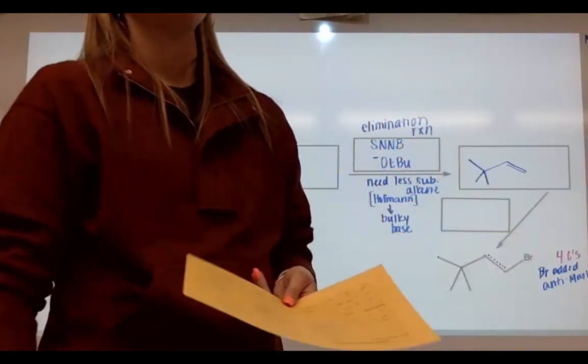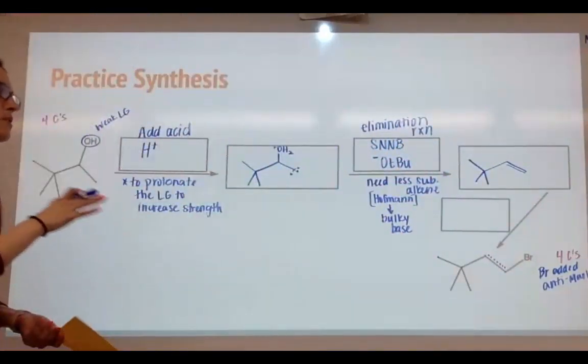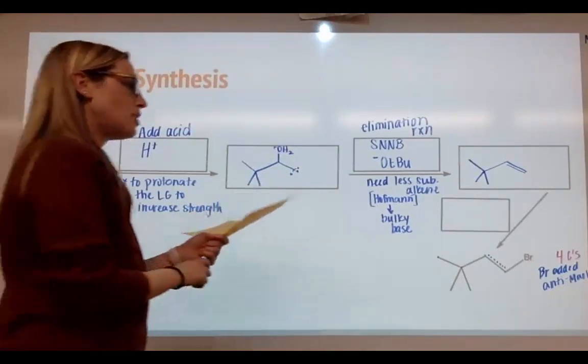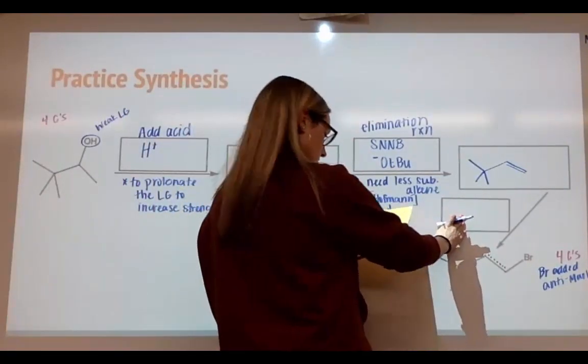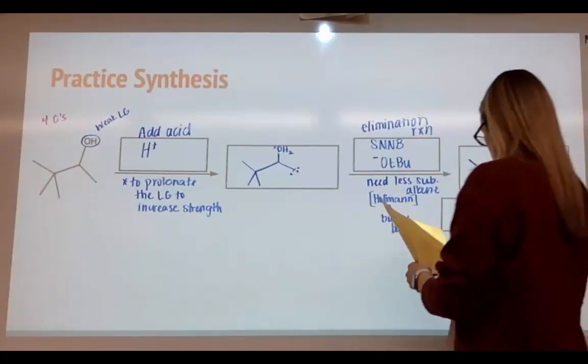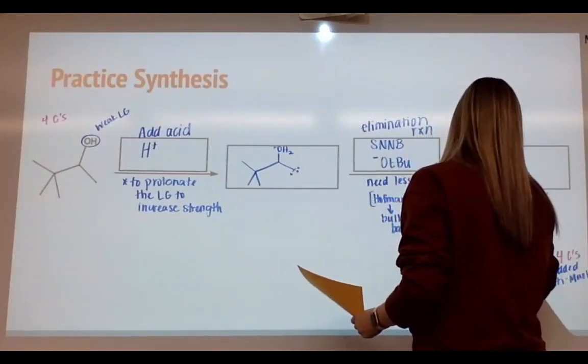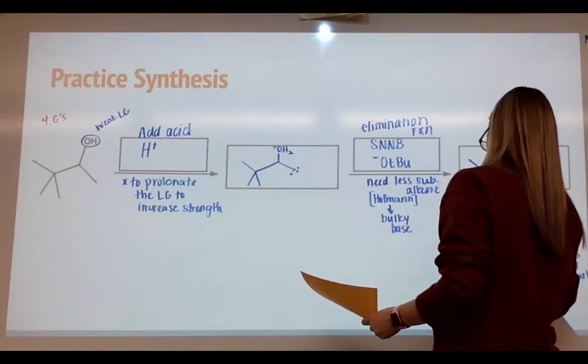Free radical addition. And again, I am not asking you for the mechanisms of this. I just want to know, what are our reagents? What's above the arrow? So free radical addition is HBr and peroxides.